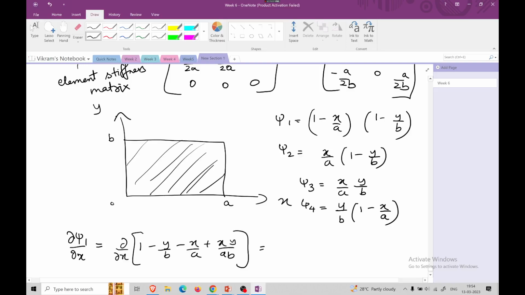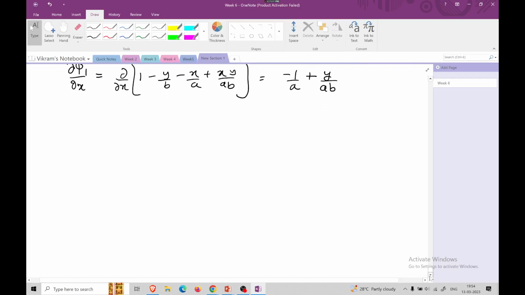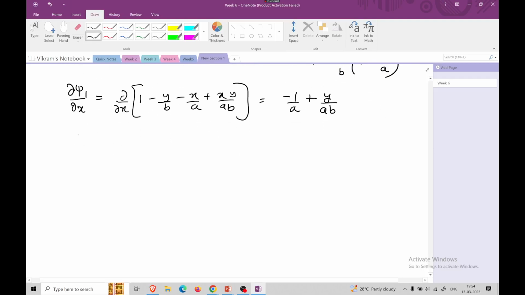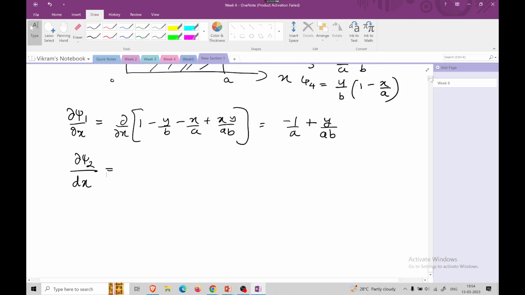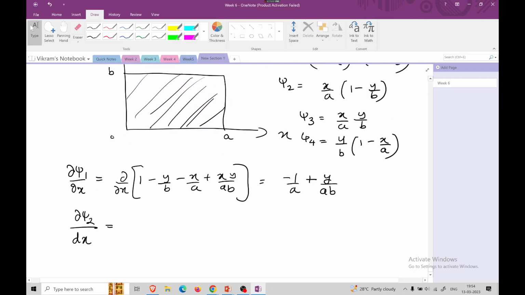So it will be minus 1 by a plus y by ab. Next is d psi 2 by dx. It will be simply 1 by a minus y by ab. I think this also we have calculated previously.